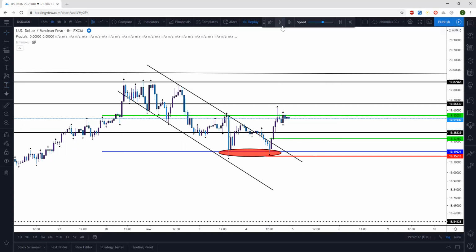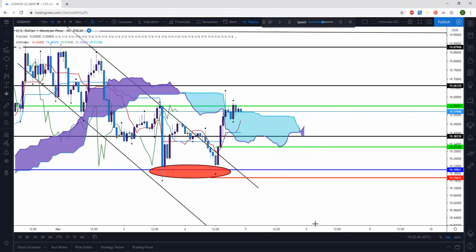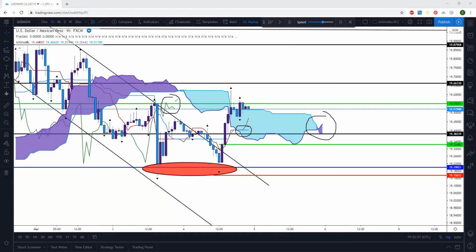So let's go ahead and play. Go ahead and put this on. So keep your eye. But right now, I want y'all to see how this responds. I want y'all to pay attention to these things right here. Watch how the cloud is going to move. Watch how the Kijun is going to move. Watch how Chikou span is going to react.